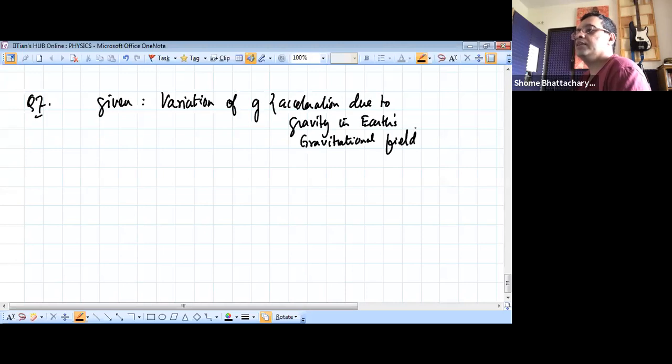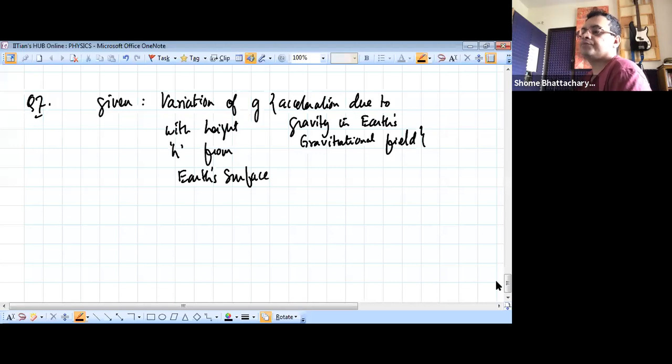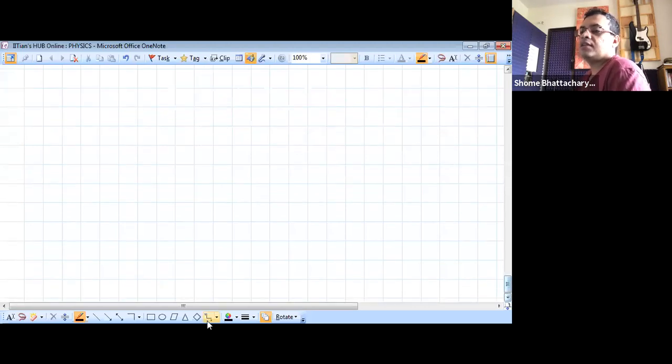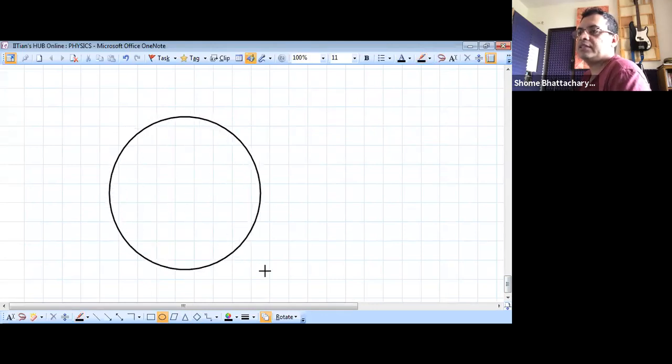So variation of the value of g with height h from the Earth's surface. Okay. So this is part of a larger principle of Newton's law of gravitation, which we'll be studying in a lot of detail in a later chapter.